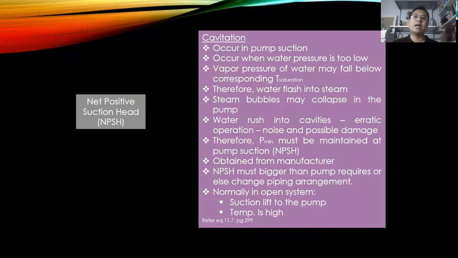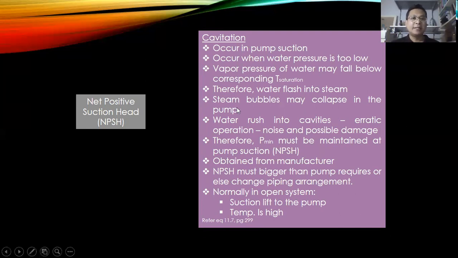We should avoid this condition, because with high temperature it will create the boil. When the boil comes, it means bubbles will be produced. So we should avoid this condition. The bubble will decrease the pressure inside the piping system.